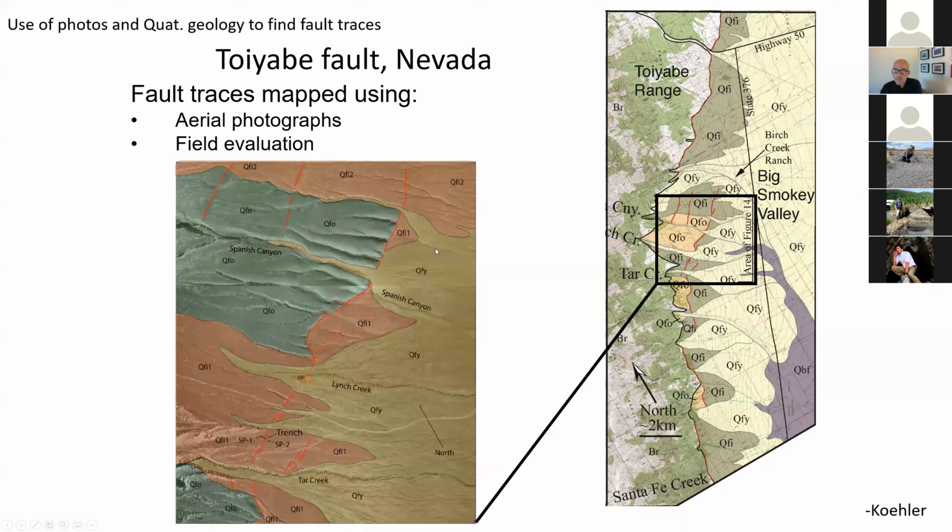What's important is that where the scarps are disrupting things, the line is solid, but across this QFY, where it probably didn't break that fan because the fan is younger, it's dashed, or maybe it should even be dotted, going underneath there.